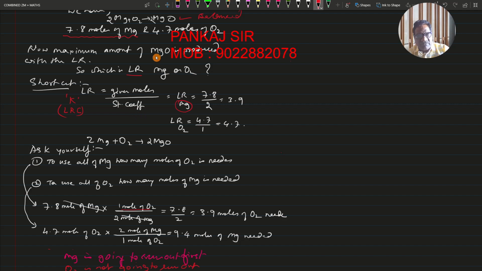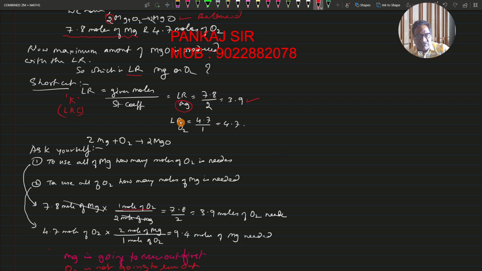If you see the balanced chemical reaction, in front of magnesium there is a 2. So this 2 is nothing but the stoichiometric coefficient of magnesium. So 7.8 divided by 2 will give you 3.9. Store this in your memory. Now do the same thing for the other reactant, which is oxygen.